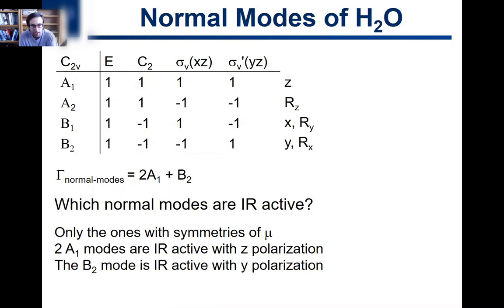By the way, for those of you who are used to organic chemistry terminology and you've learned symmetric stretch, antisymmetric stretch, etc., we're doing something way more specific. It's not that there's anything wrong with the terminology that is typically used when you learn infrared spectroscopy. We're just doing something more specific.